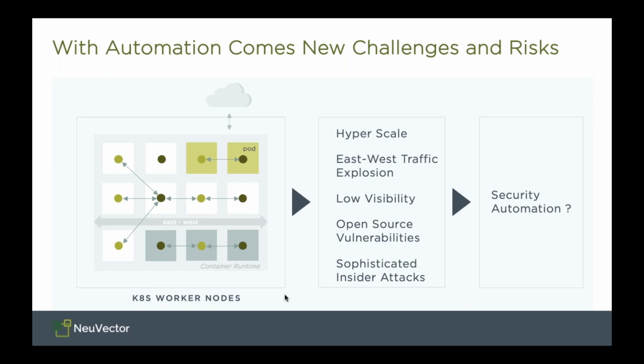So the question is, how do you automate security so that the security team and the security process is not holding up your pipeline and preventing you from deploying 1,000 releases a day, limiting you to maybe one a week.